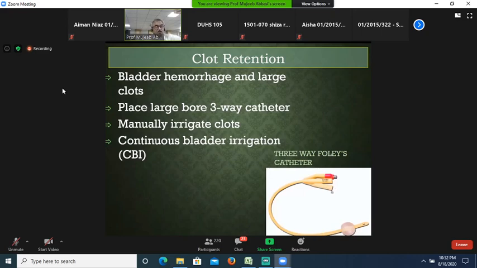Then most likely you will be irrigating with 4 to 5 liters of normal saline. Now the issue with that is that it has been reported that normal saline is absorbed through the mucosa, and people will get hypernatremia, hyperkalemia, or sometimes overhydration. So one should be careful.